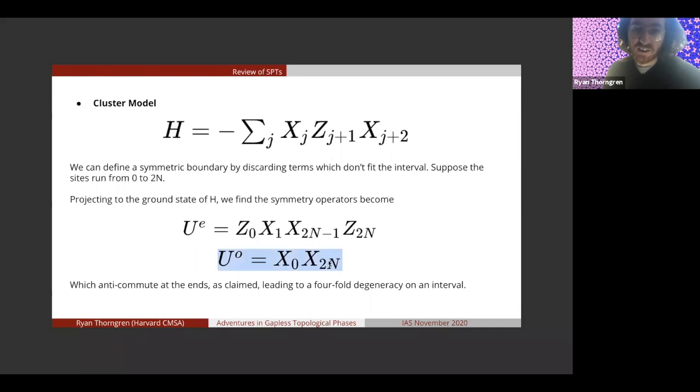But we see that X2n anticommutes with Z2n and X0 anticommutes with Z0. And they're very far away from each other. So because the bulk is gapped, the two ends can't really talk to each other. So we can really think of it as a projective symmetry action on one end and a projective symmetry action on the other, for a total of a fourfold ground state degeneracy, 2 times 2.